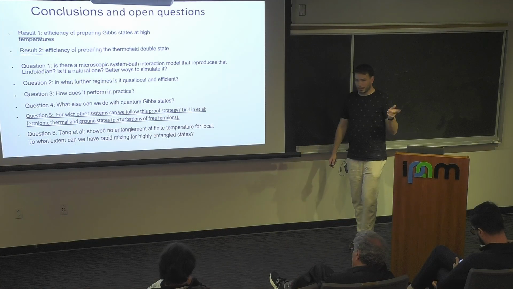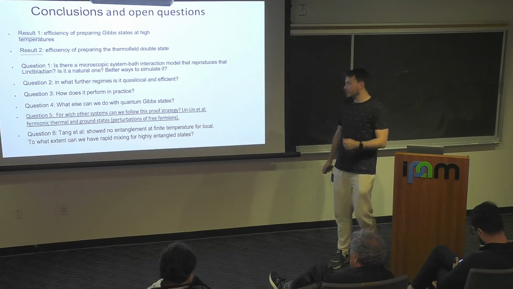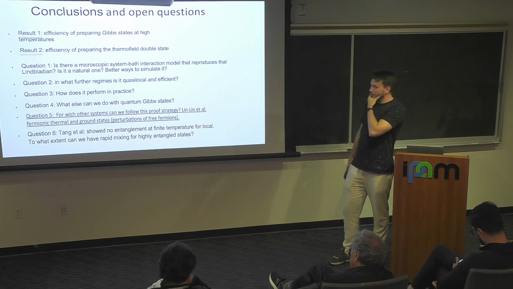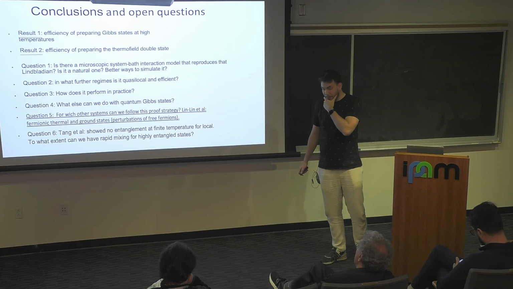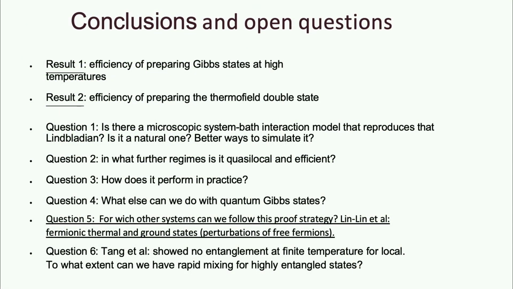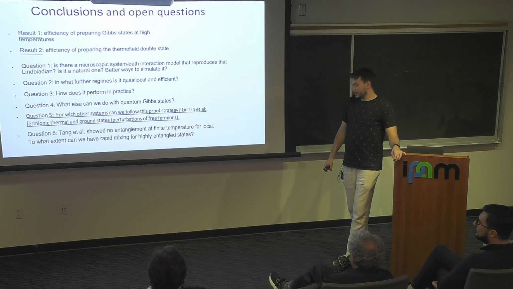And last but not least, going back to a question we had before: around the time we put out our spectral gap result, Tang et al. got in touch with us, because they have a classical algorithm that allows you to sample from quantum Gibbs states at high enough temperature.